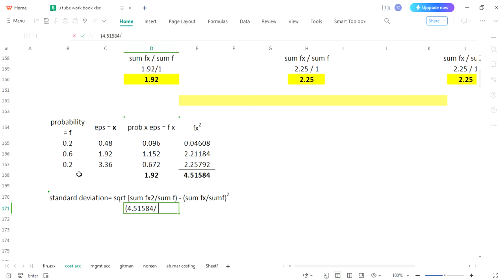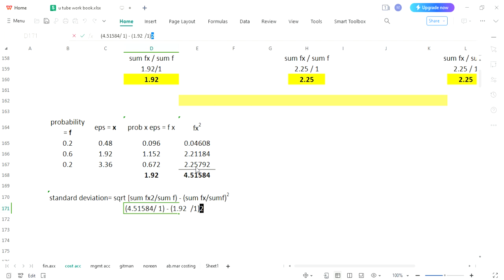Sum of f was 1, bracket close, and then you need to subtract, open your bracket, sum of fx is 1.92, and you need to divide it by 1, close your bracket, and then you need to put the square over here. This is your square. Let's make it according to the requirement of the question.